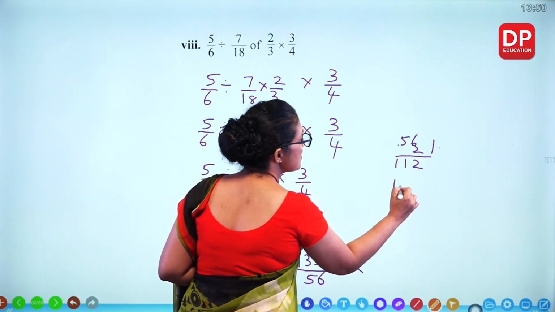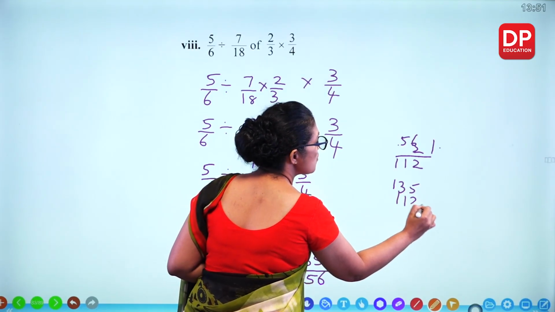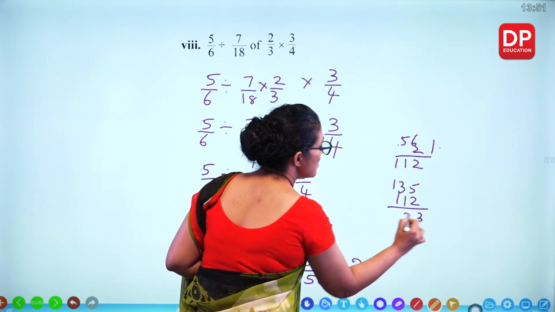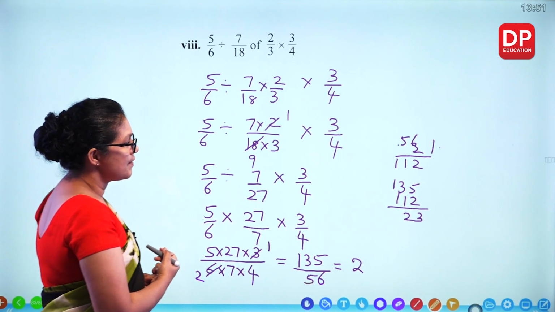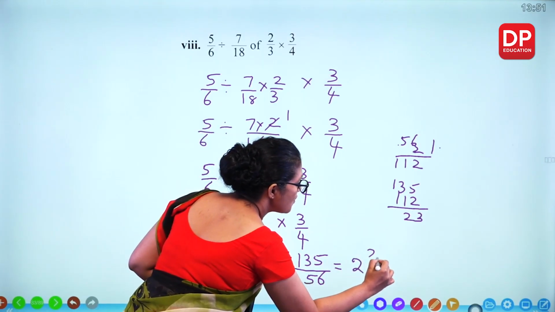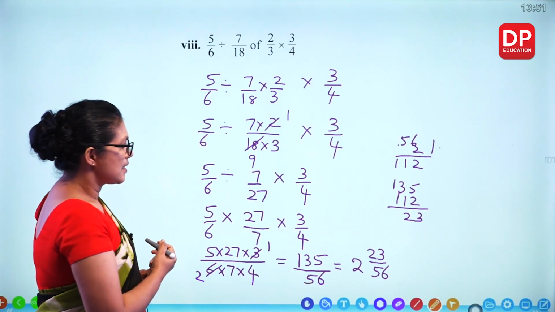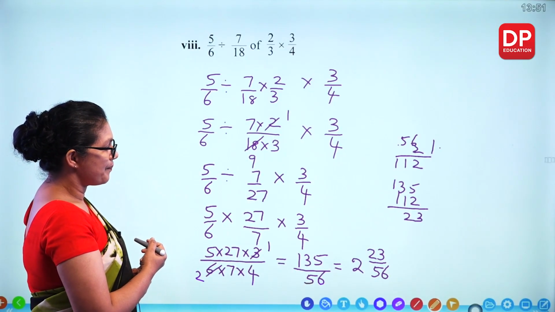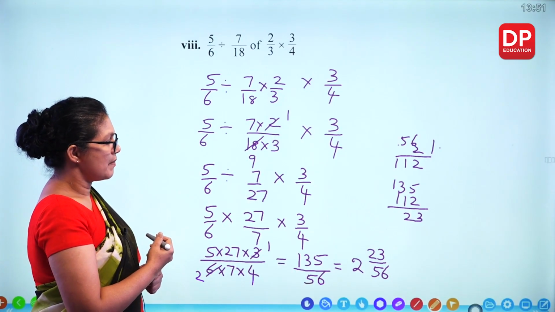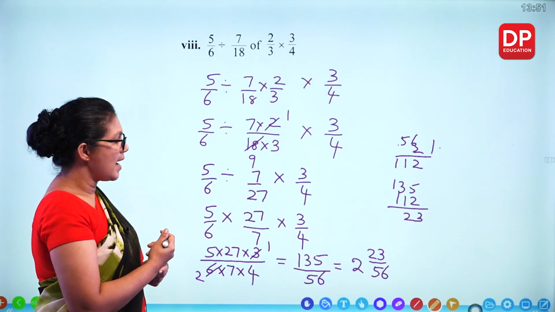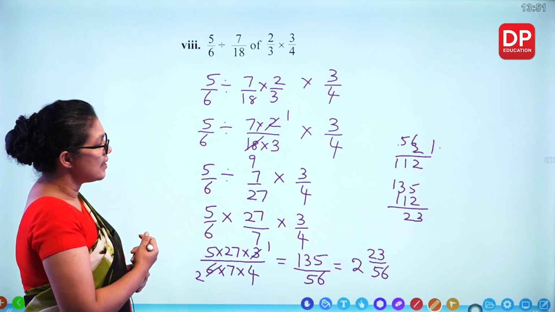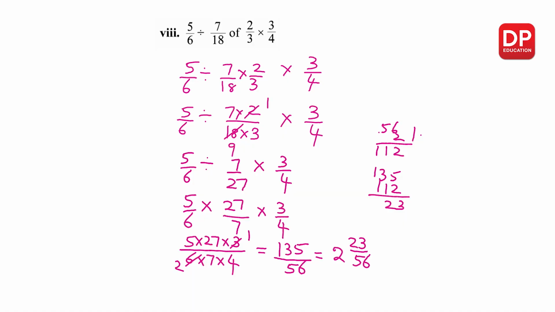So 135 minus 112, you get 23. So 23 over 56. Can we simplify? You can't simplify. So the answer is 2 and 23 out of 56.